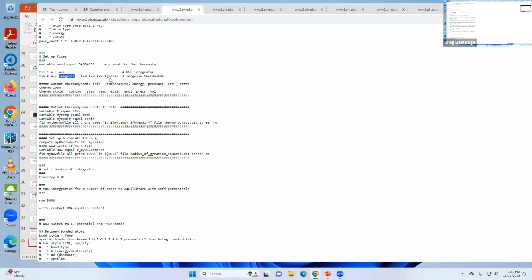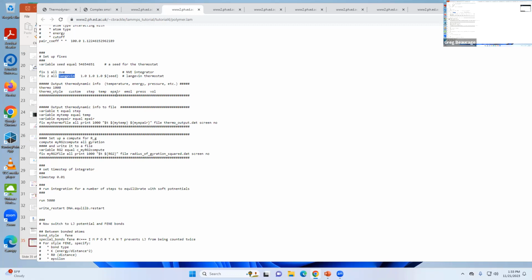Fix all. There are numbers you need for that, the parameters for the Langevin thermostat. And then the seed number goes back to that random number that you put in. All right, so there's a lot to this.